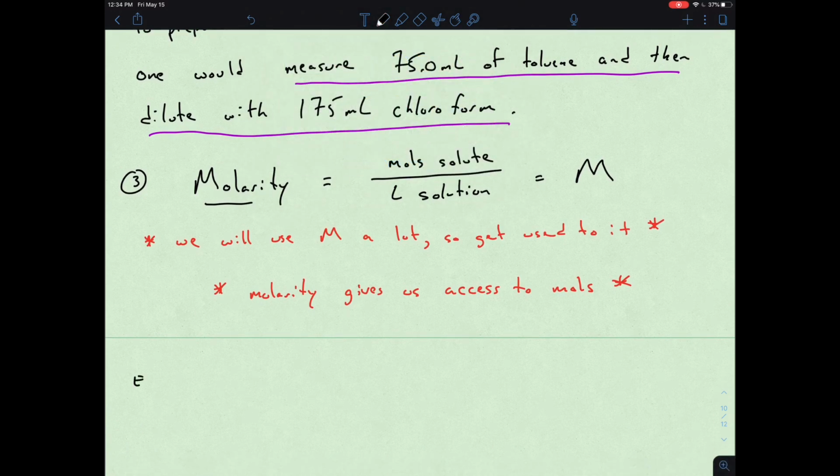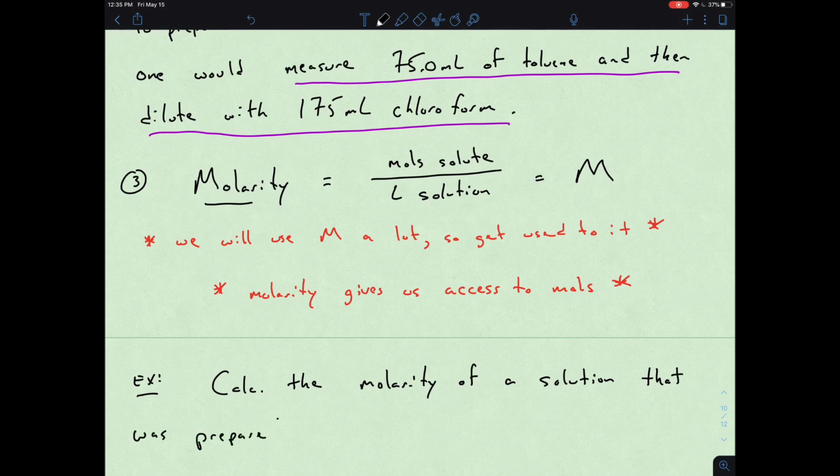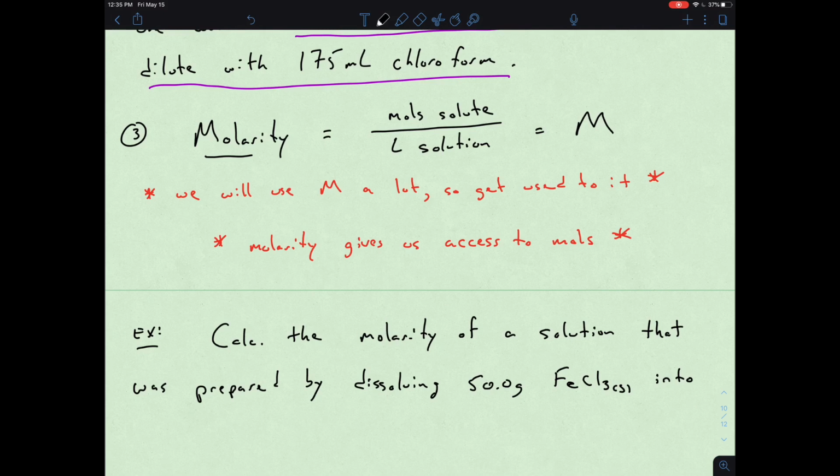So let's do an example of this. Let's calculate the molarity of a solution that was prepared by dissolving 50 grams of ferric chloride into 450 milliliters of aqueous solution.